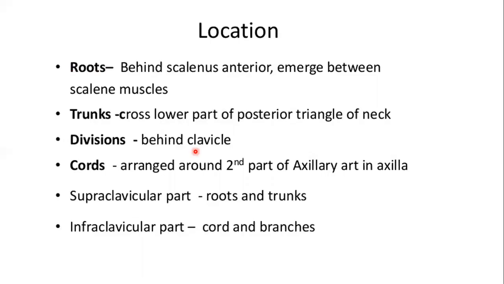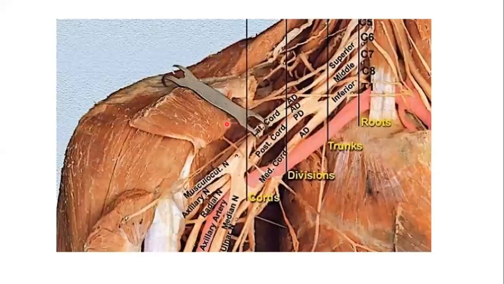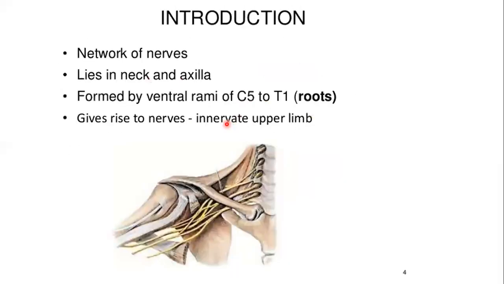Next we have the trunks, which cross the lower part of the posterior triangle of the neck. Here above the clavicle is the posterior triangle of the neck, and here the trunks are present. Then at the level of the clavicle we have the divisions.